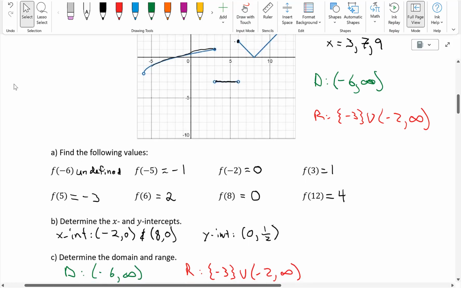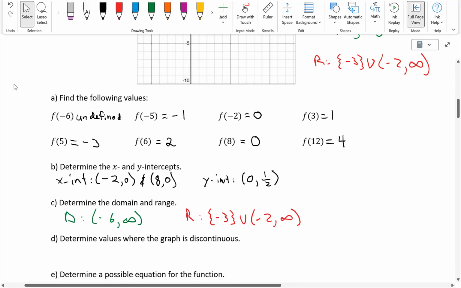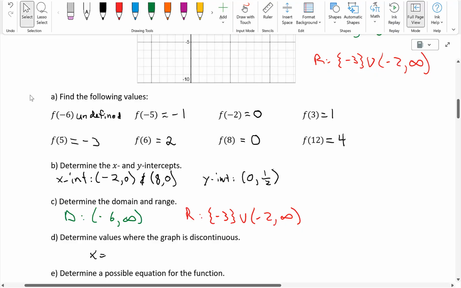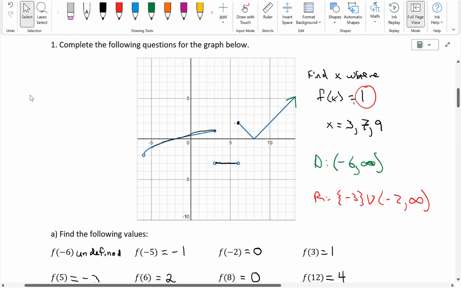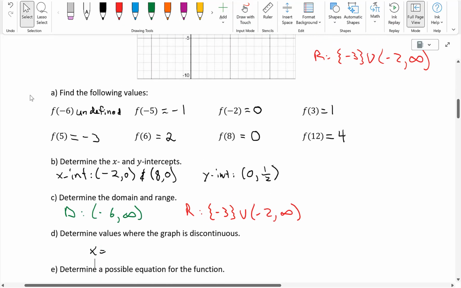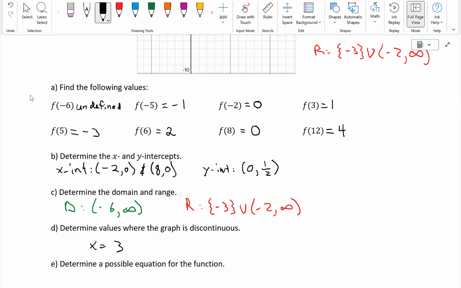We're not really worried about that endpoint, but you might see -6 listed somewhere, but I'm going to go with just the real obvious ones for you. We are discontinuous. We have a jump or break somewhere in the graph at 3 and 6 there. So both those places where we had the big jumps, we can make sure we have jump discontinuities.